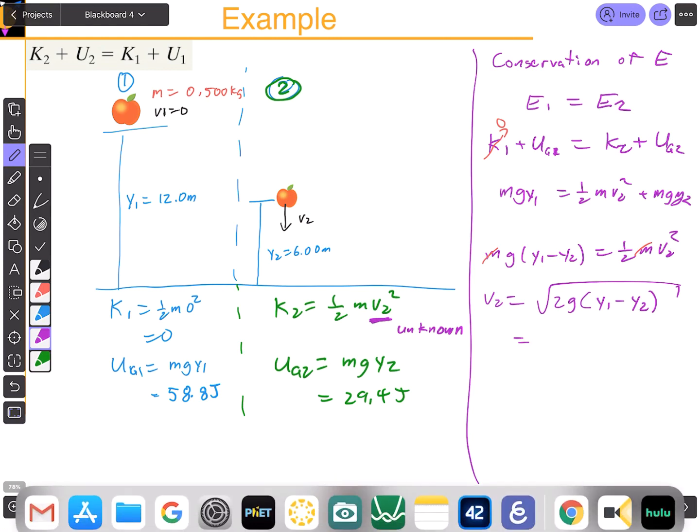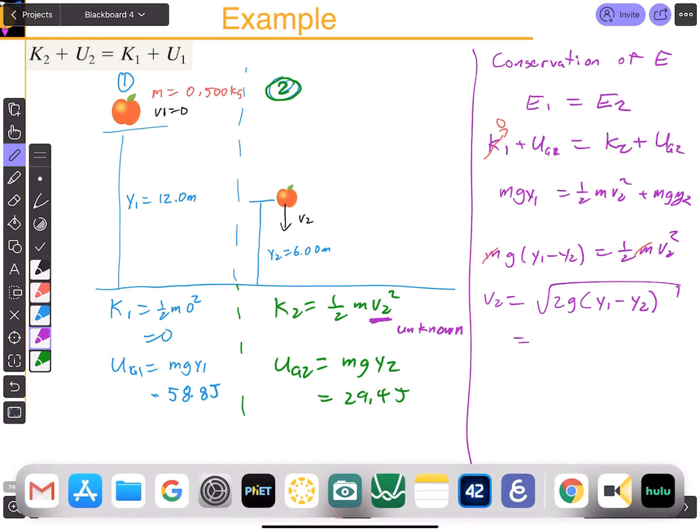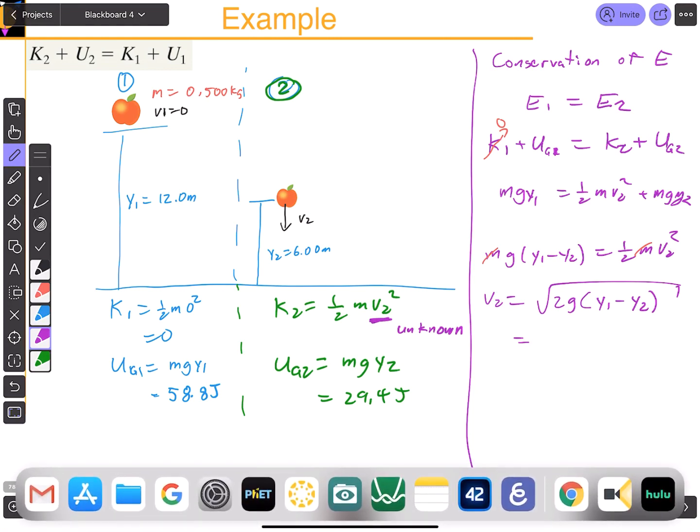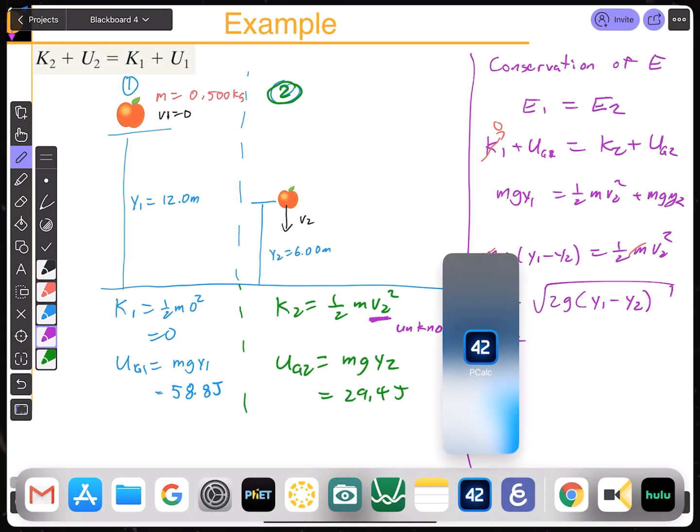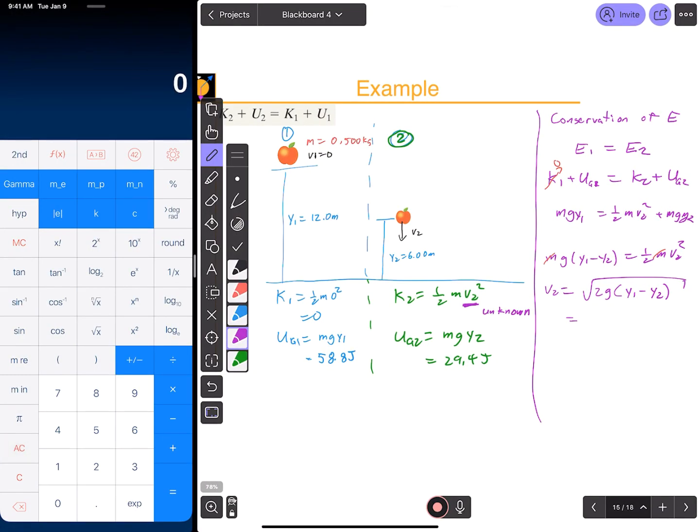So I can calculate that very easily if I learn how to use my own software. There it is. So 2 times 9.8 times 12 minus 6, so it's 6.